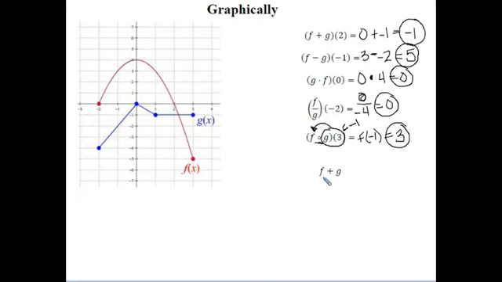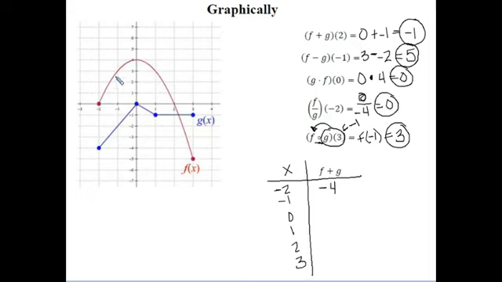Alright, so now what we want to do is take our overall graph of f and add it to our overall graph of g. If we were to make a table of values for this case, it looks like we're dealing with a domain of -2 to 3. So let's make those our x values. When x is -2, I want to take my answer from f and add it to my answer of g. So if I take 0 plus -4, my overall answer is -4.